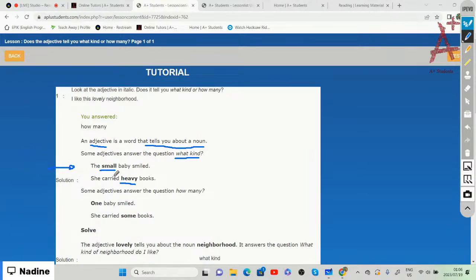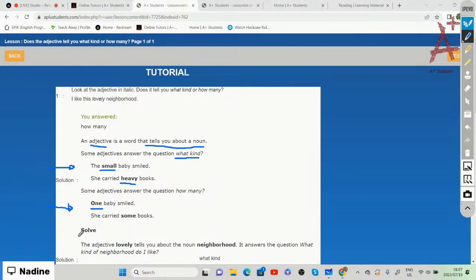So here we have two examples of adjectives that answer the question of how many. For example, one baby smiled. It's like asking yourself, how many babies smiled, right? So we can say one baby smiled. Our adjective is one, and it tells us how many babies smiled. So only one baby smiled.